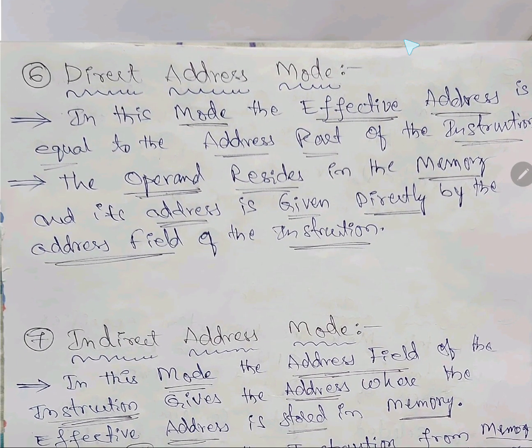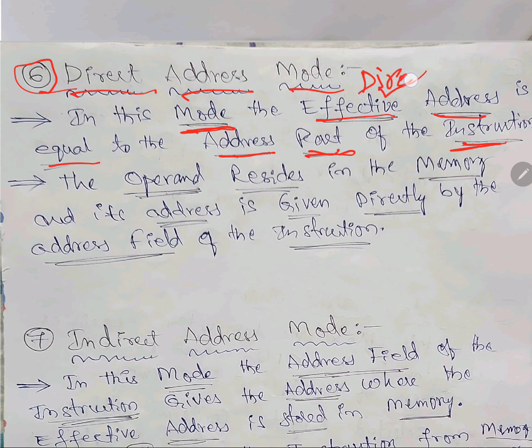It will be direct. Very simple. The sixth one is direct address mode. In this mode, out of the addressing modes, this is the sixth one. The effective address, effective means direct address, is equal to the address part of the instruction, and the data will be there. We can see direct, not indirect.